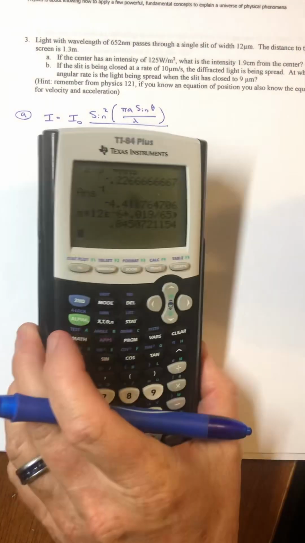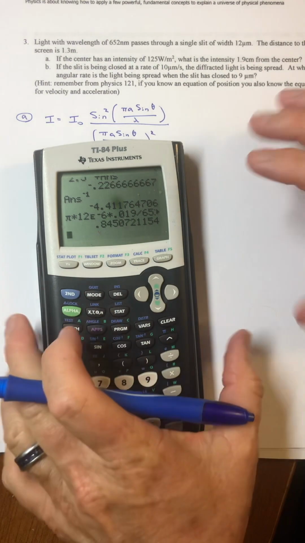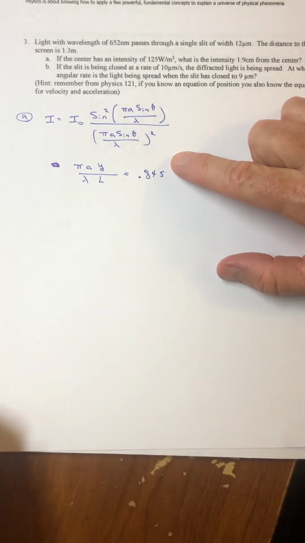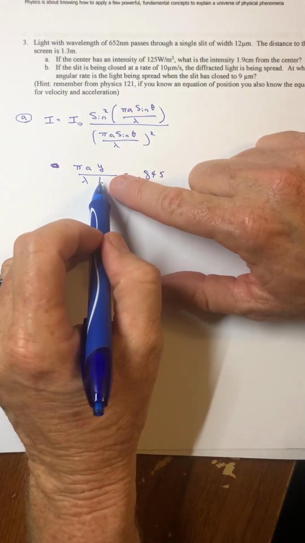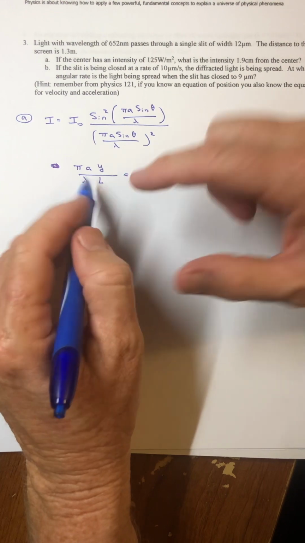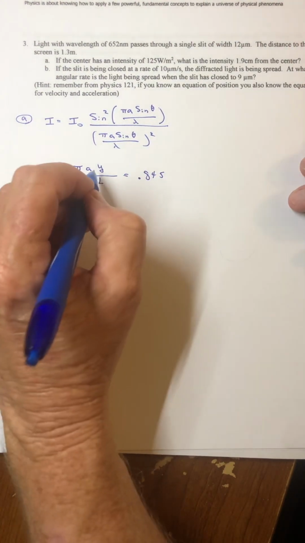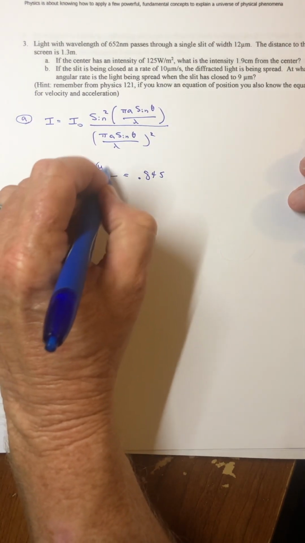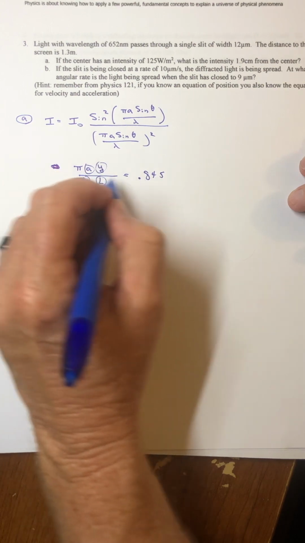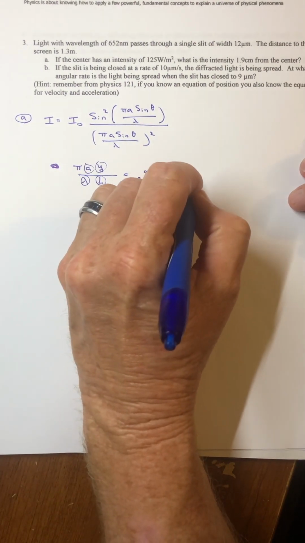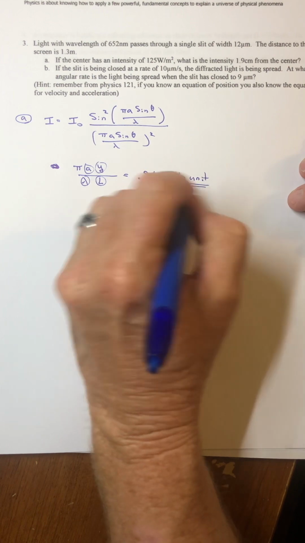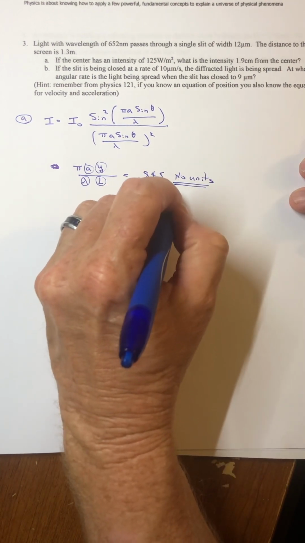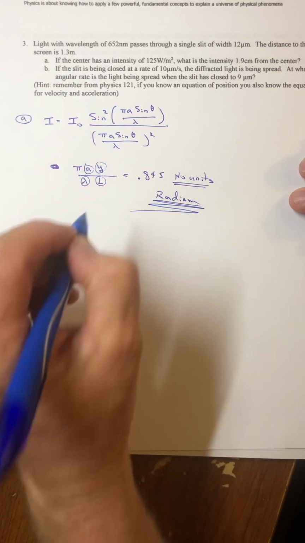0.845. And I should be very careful here, easy mistake to make, and ask myself, what are the units here? Are these in radians or in degrees? Here I have a meter and a meter and a meter and a meter, and so no units. So those are real numbers. No units mean radians. That's why we call these real numbers.